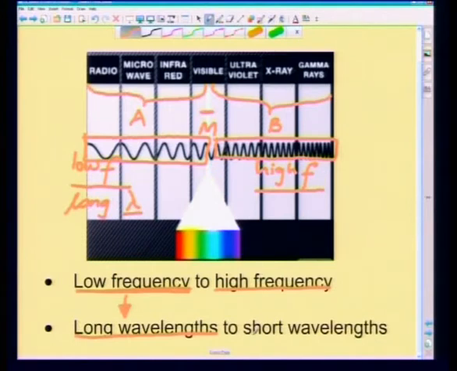And when there is a high frequency, that again is related to the wavelength, such that if you've got high frequency, you're going to have short wavelengths. So the relationship between wavelength and frequency is such that when one is increasing, the other one is decreasing. We've got an inverse relationship between wavelength and frequency.